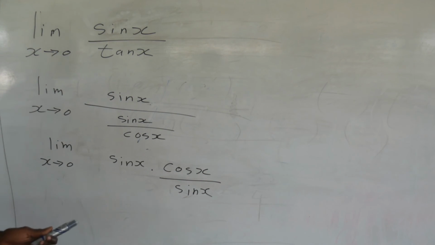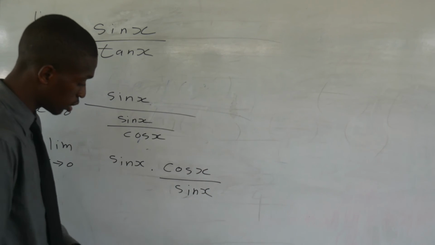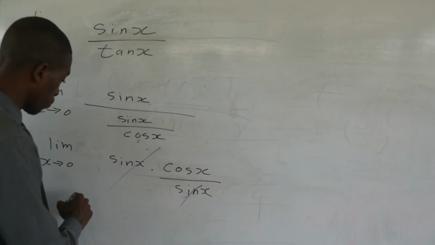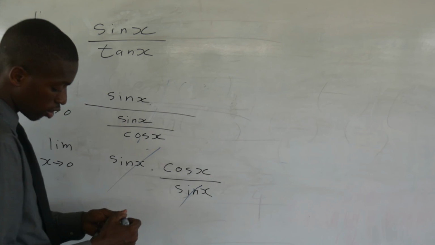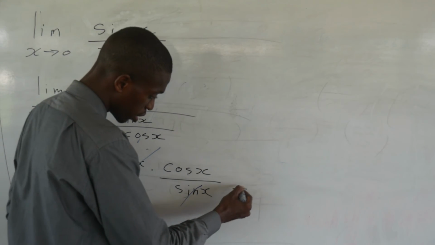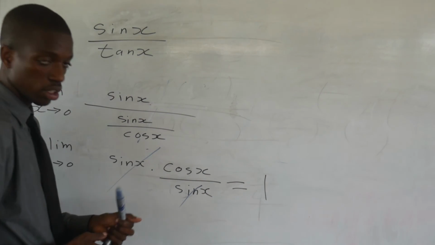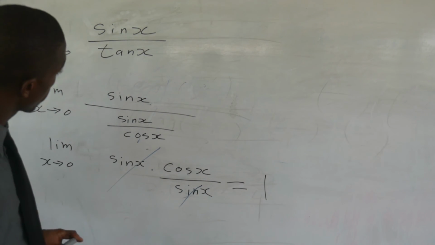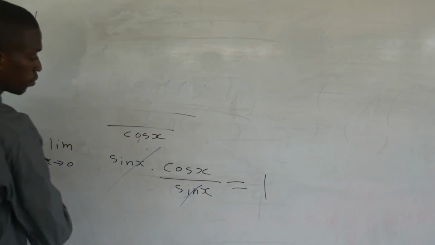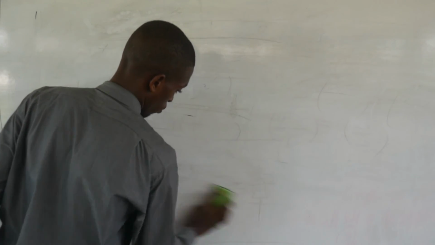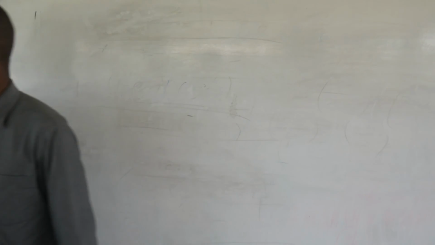And look at that. You can see this goes with that. Limit as x goes to 0 of cos x, put 0 in there, and the answer is simply 1. Right, next question.